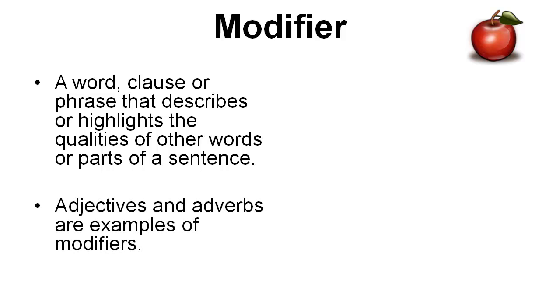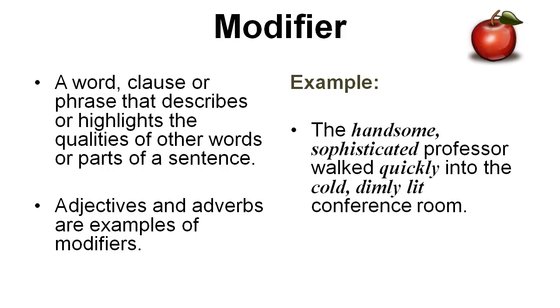The handsome, sophisticated professor walked quickly into the cold, dimly lit conference room. Handsome, sophisticated are adjectives that all refer to the professor. Quickly refers to walked. How quickly, or how did he walk? Quickly.